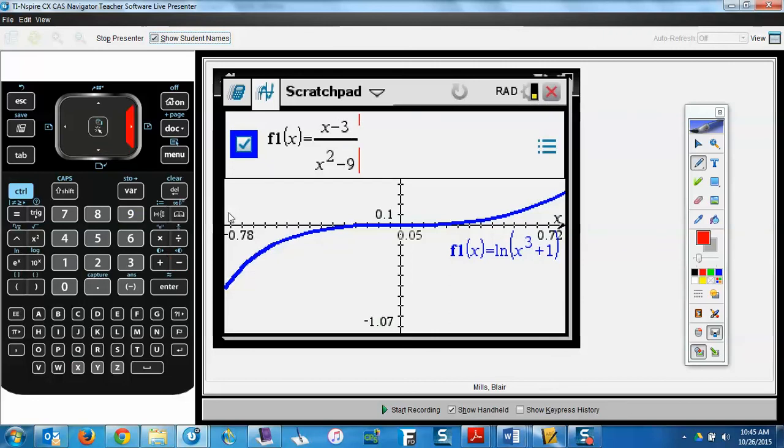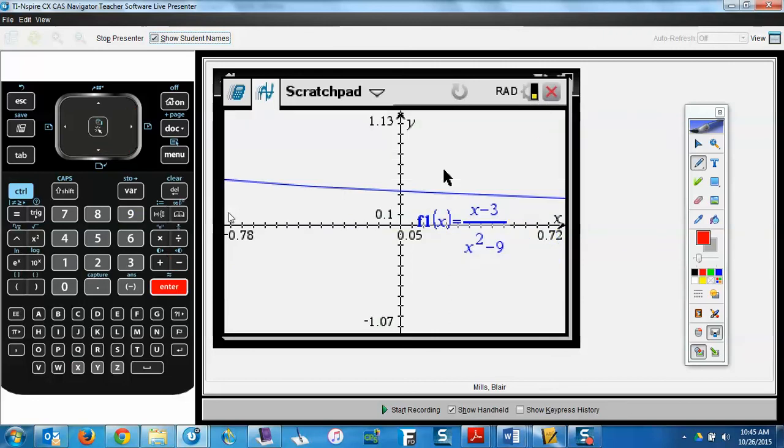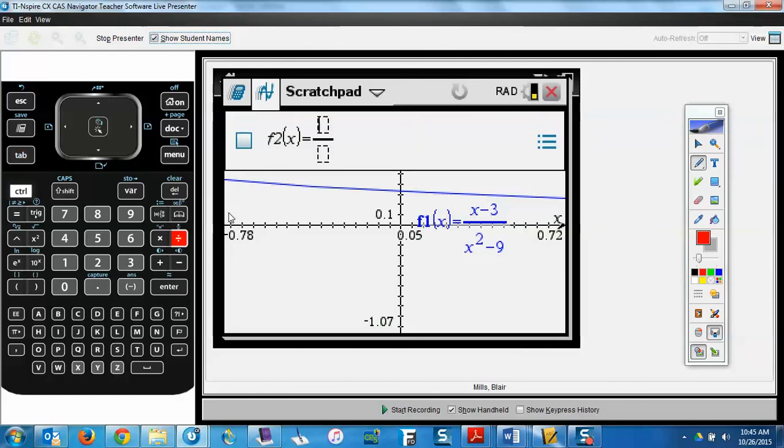Hit enter. Okay, and then tab again, and put in your fraction again, Control Divide, and then 1 over x plus 3.